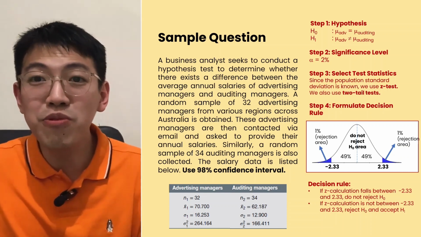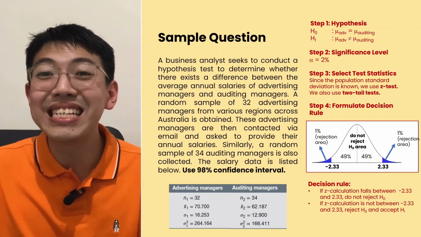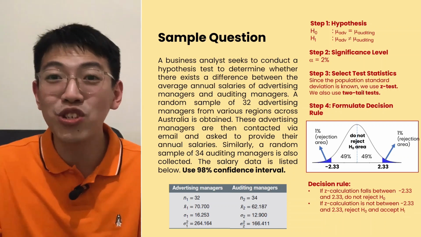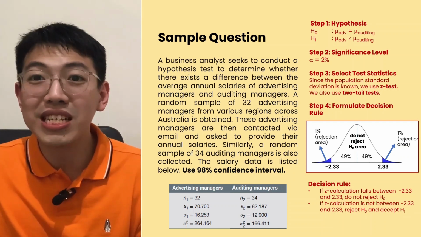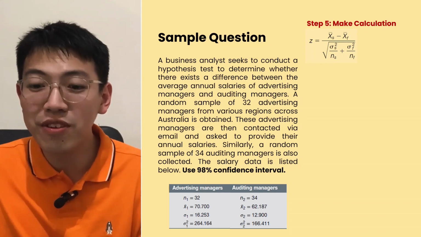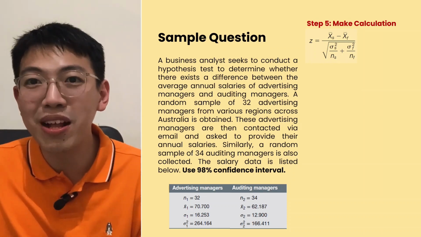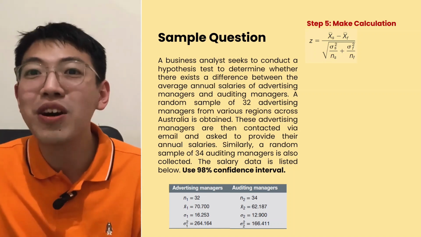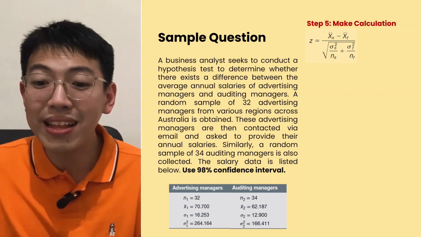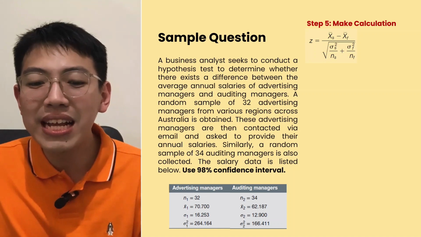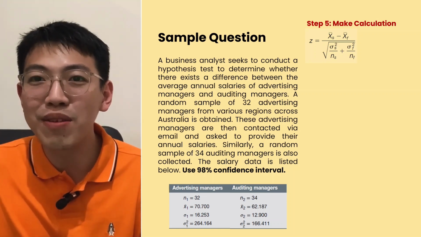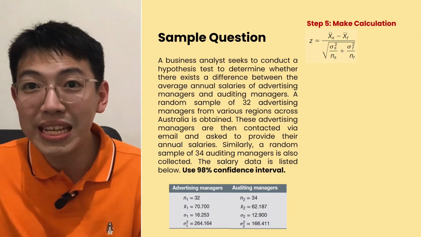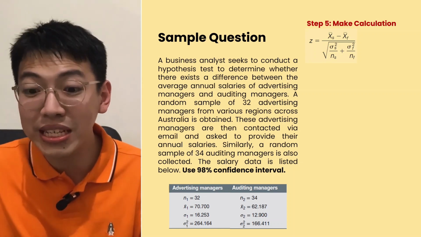This is the formula of calculating Z for two-sample hypothesis testing as I mentioned previously. So the Z will be the X bar of advertising minus X bar of auditing, divided by the square root of standard deviation squared, it is variance. The variance of advertising divided by n of advertising plus variance of auditing divided by n of auditing.